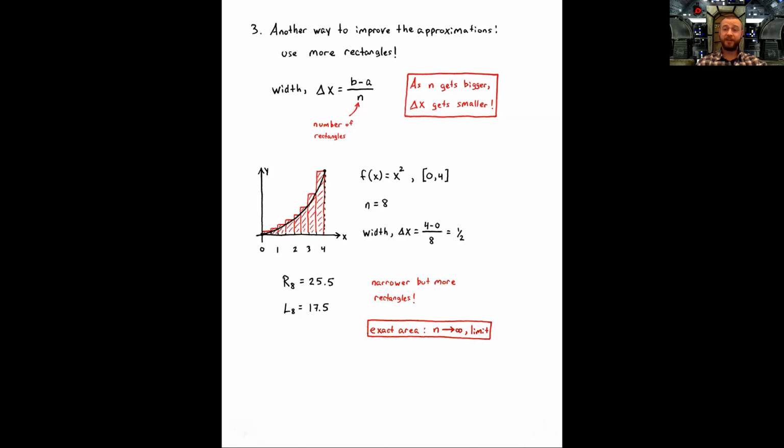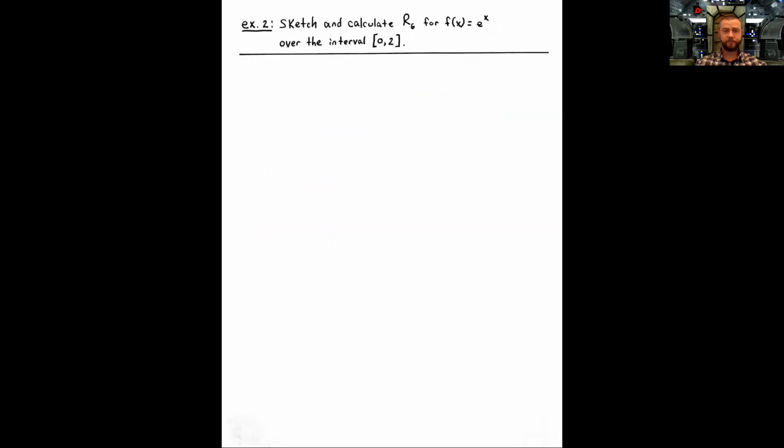So as we use more rectangles, they become narrower and narrower. In the limit, we're going to say they have infinitesimal width, which is basically the opposite concept of being infinitely big. Our rectangles will be infinitely narrower. But again, we'll save that for the next lecture.